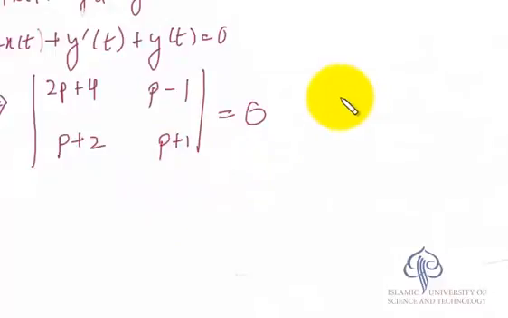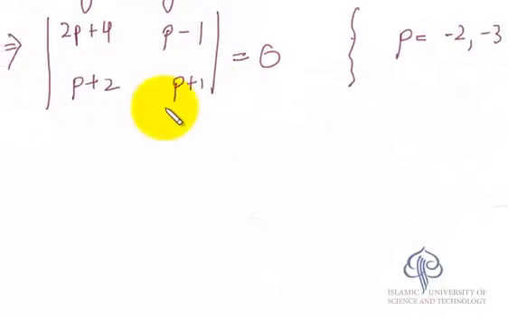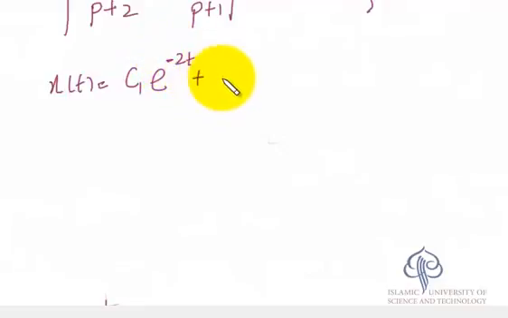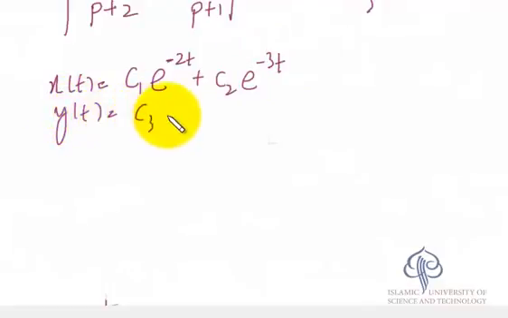If you solve this, you'll get p is equal to minus 2, minus 3. So the solution is xt is equal to c1 e to the power minus 2t plus c2 e to the power minus 3t, and yt equal to c3 e to the power minus 2t plus c4 e to the power minus 3t.